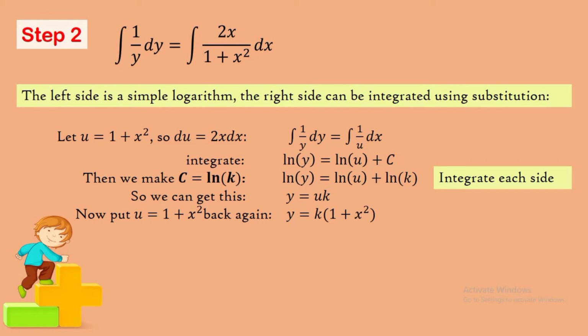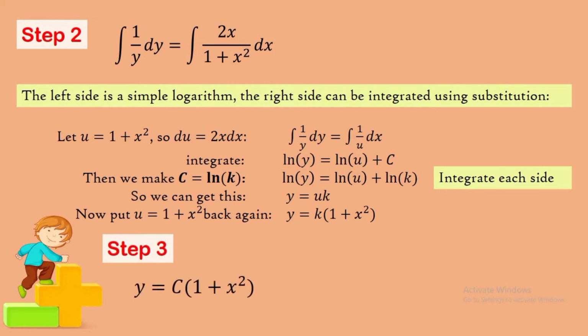Now, we put u, yung u natin na is equal to 1 plus x squared, back again to the equation, and we have y is equal to k times 1 plus x squared. So, step 3.